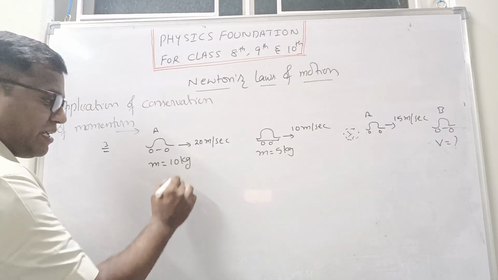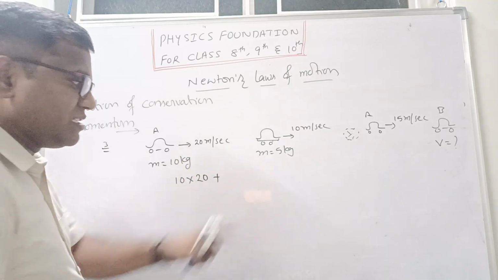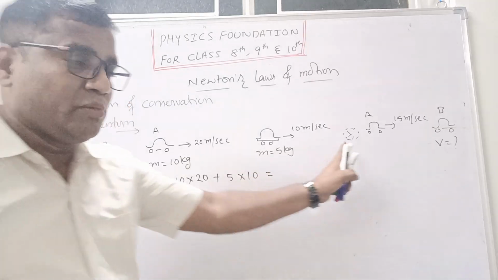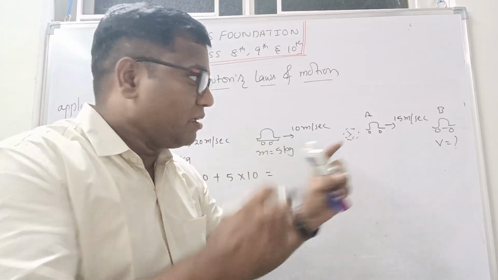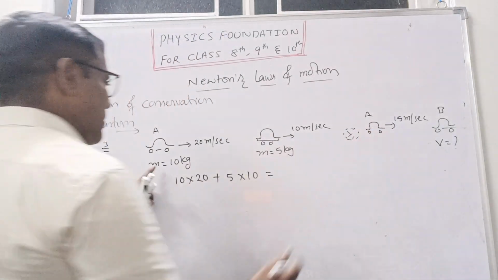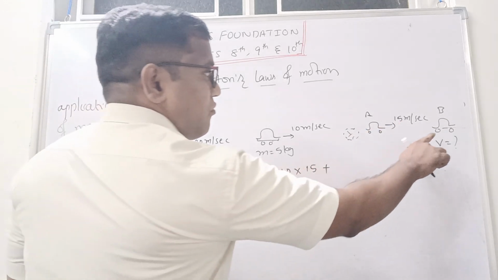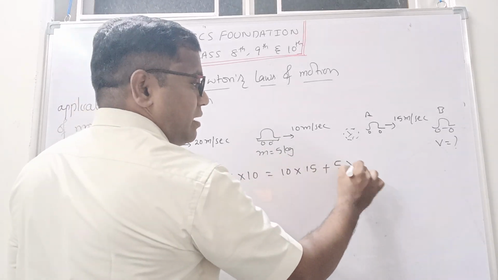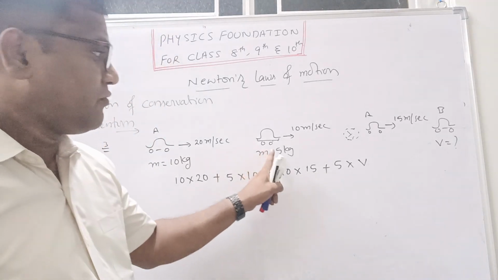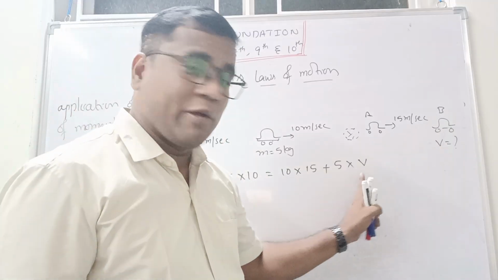So initial momentum is mass into velocity plus mass into velocity, which is equal to the final momentum after hitting. What is the final momentum here? The mass of A remains the same, 10, and velocity becomes 15, plus the mass of B, 5 kg, and velocity of B we have to calculate.